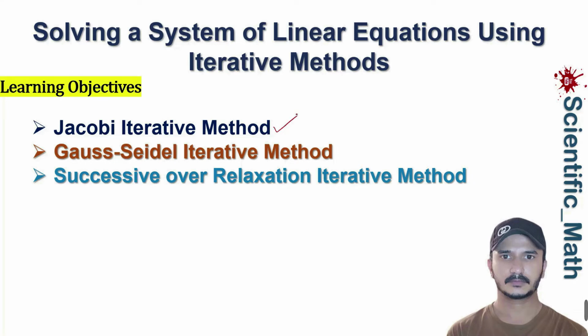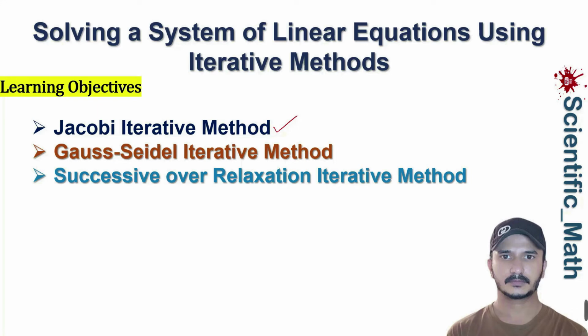An overview or introduction of the iterative approach was discussed in the last lecture. If you have not watched those lectures, then you really need to go back and watch them. The link is available in the video description.